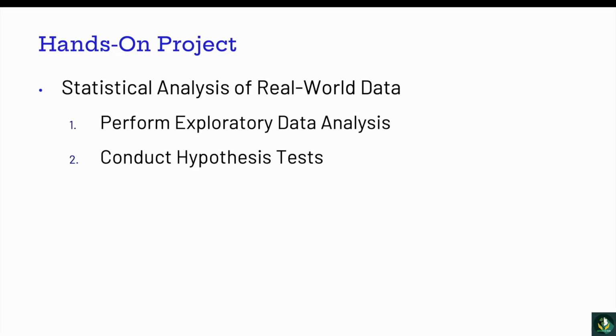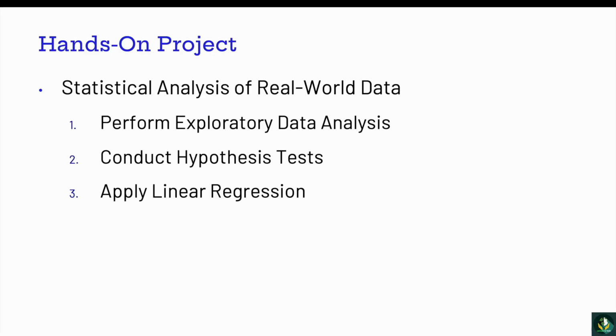Next is to conduct hypothesis tests, where we will compare tips by gender using a t-test, and test for independence between smoking status and time of the day using a chi-square test, and we're going to code that part. Next, we will apply linear regression to analyze the relationship between total bill and tip, and interpret the slope, intercept, and R squared, and visualize the regression line on a scatter plot.